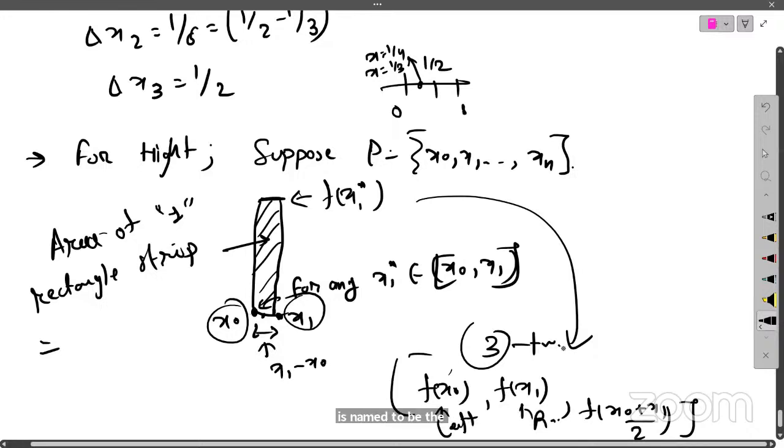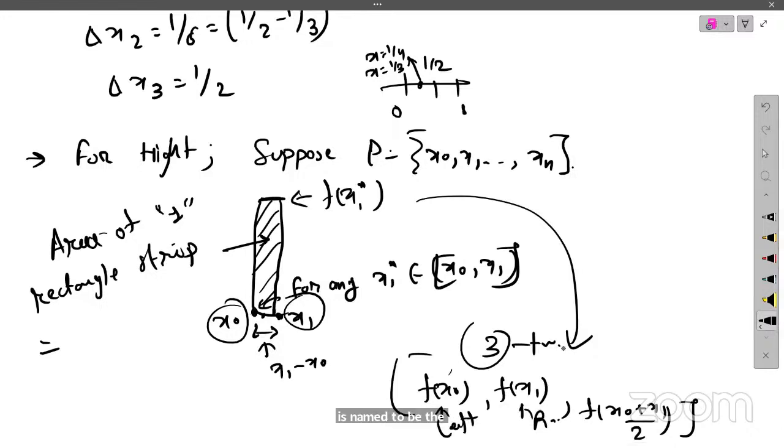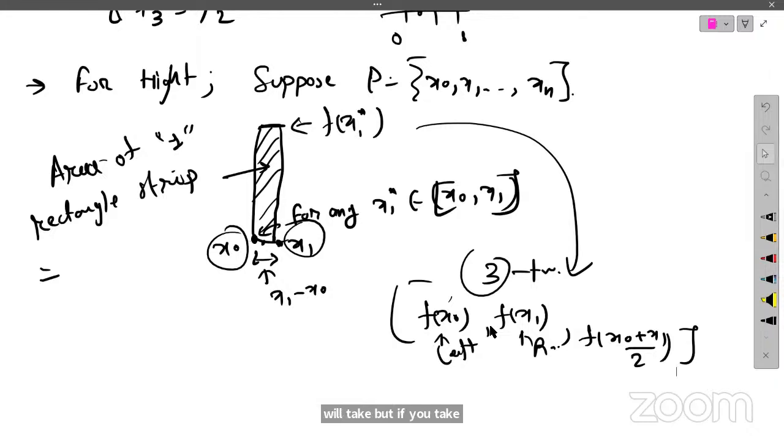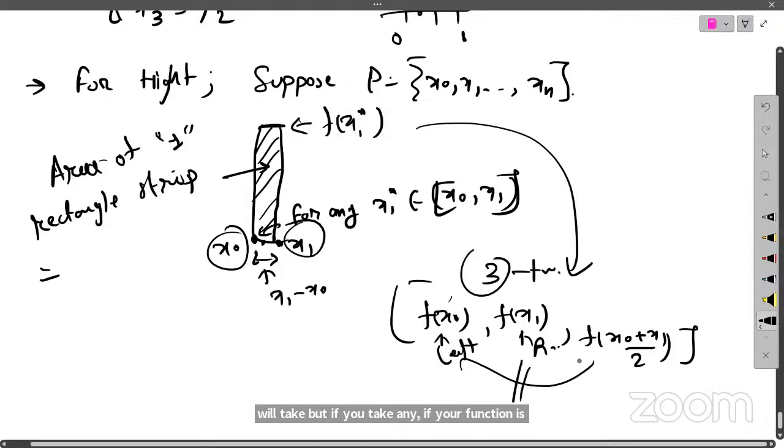And if your function is integrable, what do we understand by integrability? That we will also take up. But if your function is integrable, then all these areas will converge to one particular value.